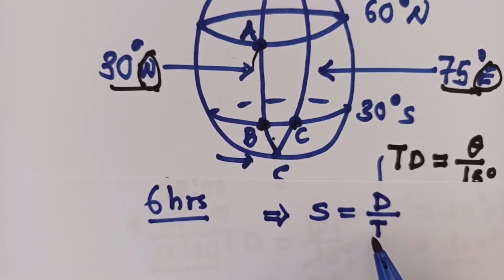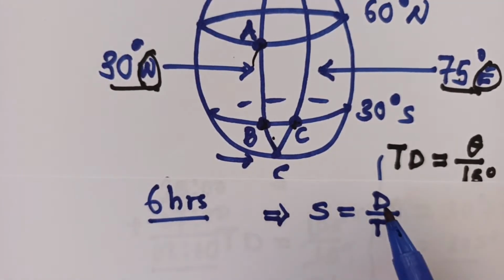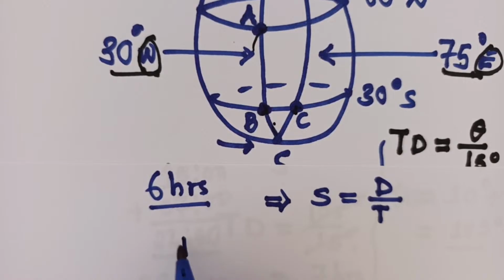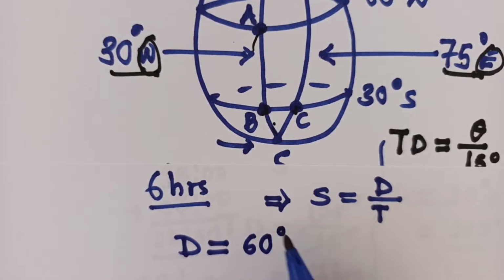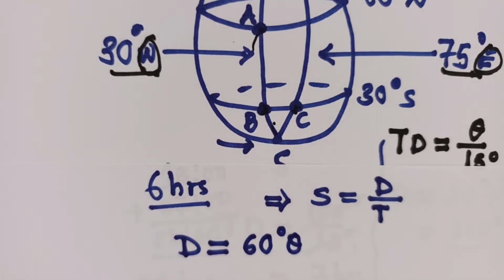Speed is equal to distance over time. The unfortunate part is that we don't have speed. For time, we have 6 hours, but distance, sorry, distance we don't have. We only have time. So we are going to calculate distance, and we're going to use this formula, 60 degrees multiplied by theta.